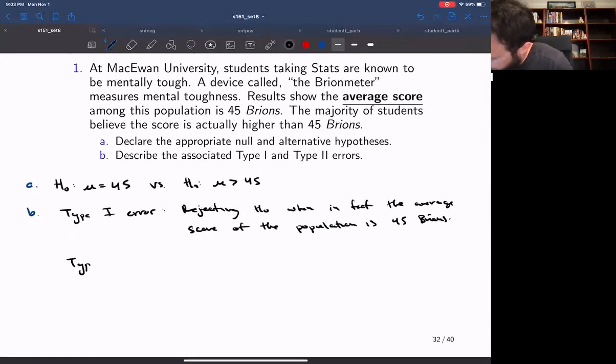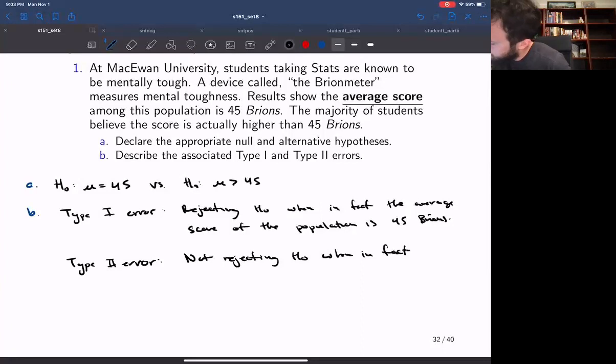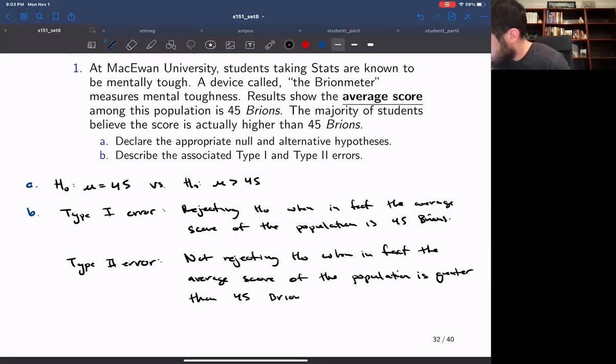The type 2 error would be not rejecting H0 when in fact the average score of the population is greater than 45 Bryons.